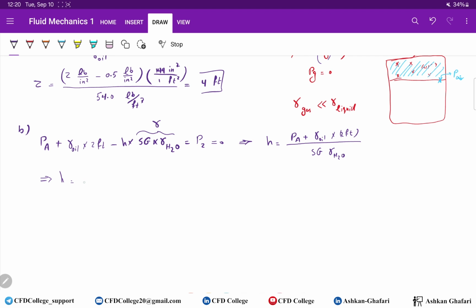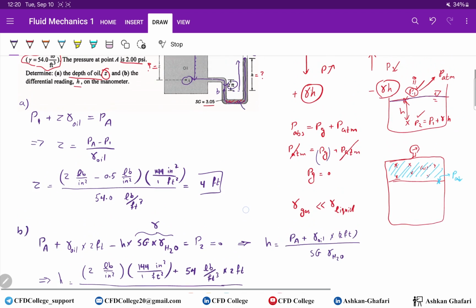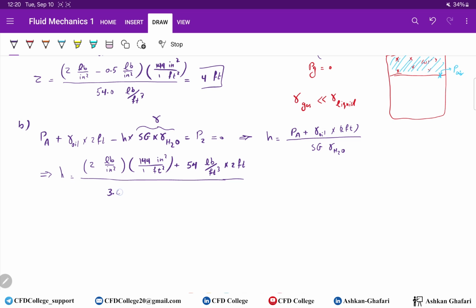So H equals pressure at point A, 2 pounds per inch square times 144 inches square per 1 feet square, plus gamma of oil, 54 pounds per cubic feet times 2 feet, divided by SG, 3.05 times gamma of water, 62.4 pounds per cubic feet. So H can be found as 2.08 feet.